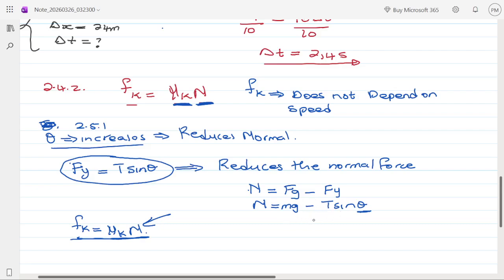What does that mean? It means that we're going to have a smaller kinetic friction. Why? Because frictional force is directly proportional to the normal force. If the normal force increases, the frictional force also increases.